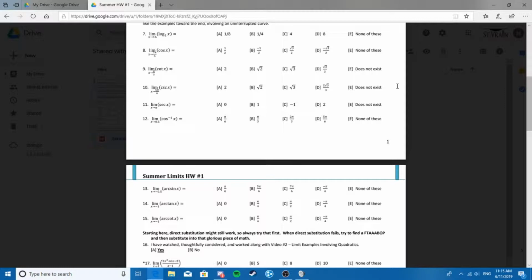An inverse trig function is limited anyway, so cosine is limited to the range of 0 to pi radians, whereas a sine or a tangent would be limited from negative pi over 2 radians to pi over 2 radians.